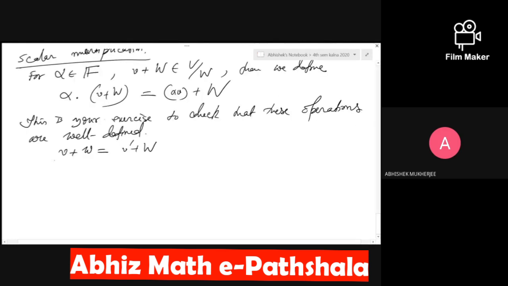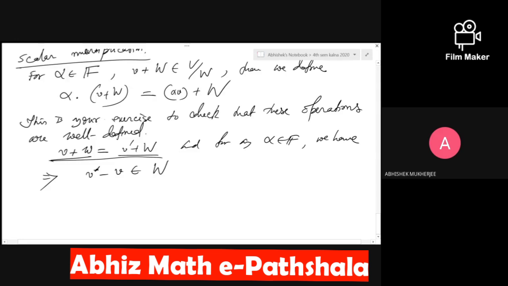That is, if these two cosets are equal and alpha belongs to F, we have to show this. Since these two cosets are the same, v dash minus v must be in W.